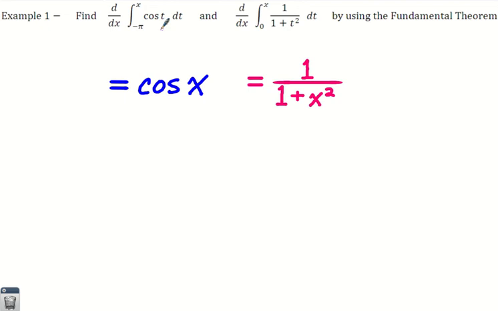If it was the cosine of u du, just plug in the x for u. This doesn't have to be a t. Could be a u, could be an r, could be a p, whatever. But if you're just going from some number to x, just plug in x for the variable.